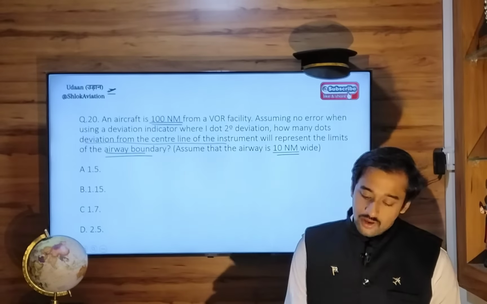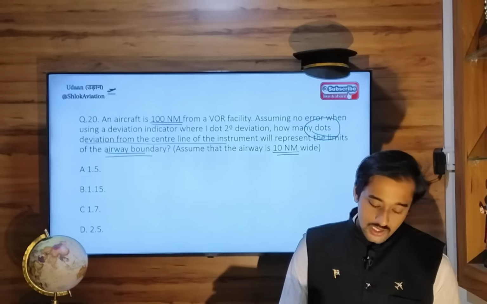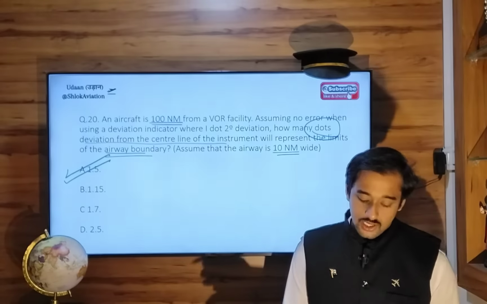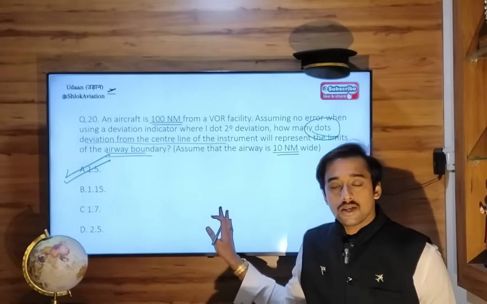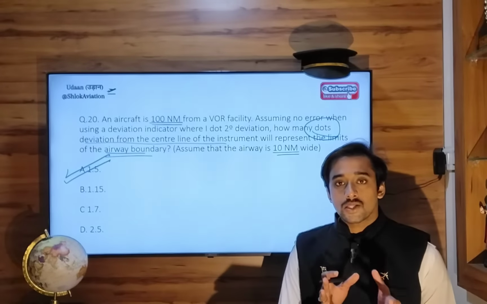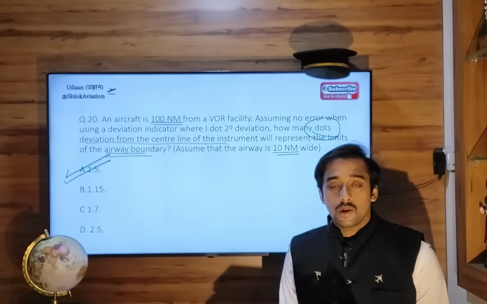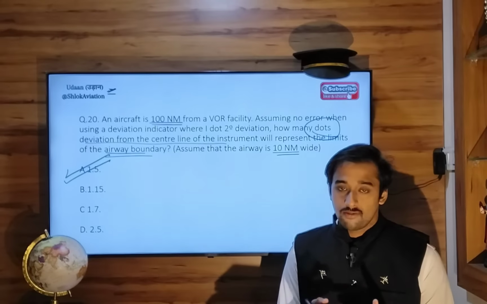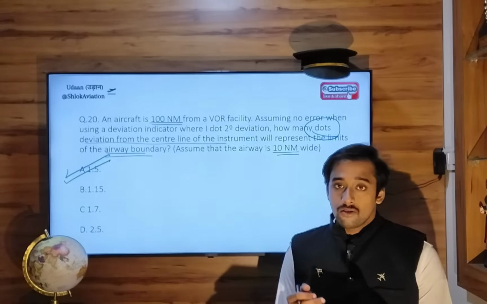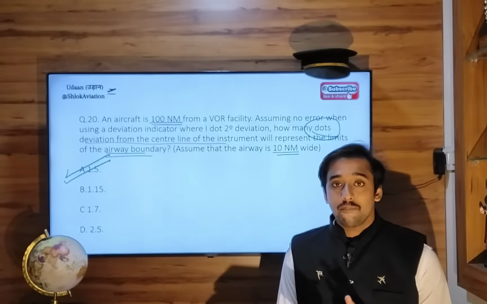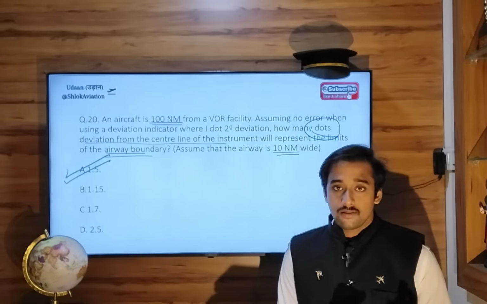So how many dots? We have to find out the dots. It is 1.5 dots left hand side. Also remember the side, left, right. Even though it's not asked in the question, when you find a solution to questions like this, always talk to yourself. What direction have you drifted, deviated? What direction you have to follow to come back to your original planned track?